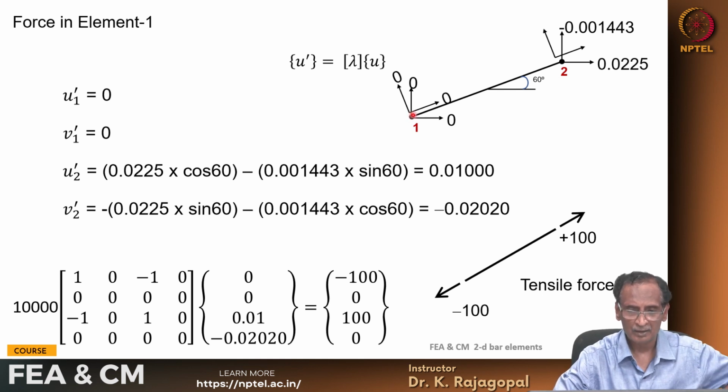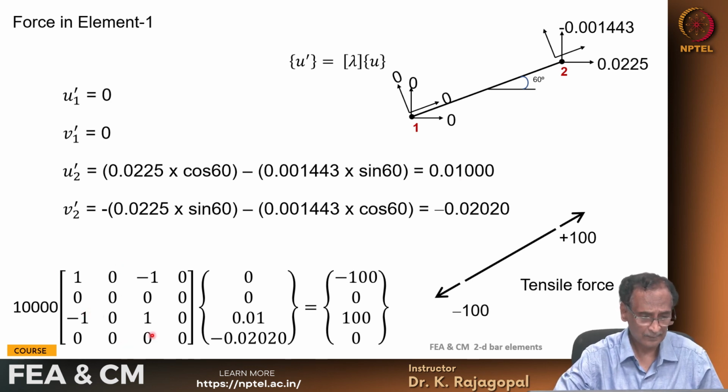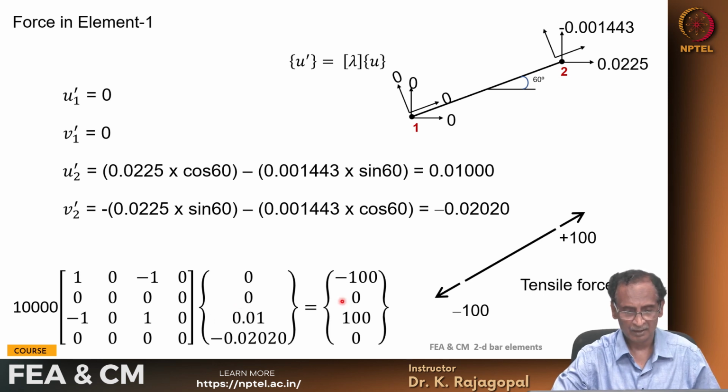So whether it is global or local displacements, they are the same, and then at element 2 we have these displacements, and so we need to resolve them to find the local displacements U2 prime and V2 prime. Okay, and these are the displacements in the local directions, and the stiffness matrix in the local direction multiplied by U prime will give you the forces, the axial forces.